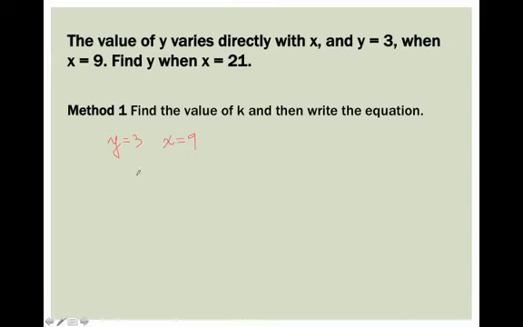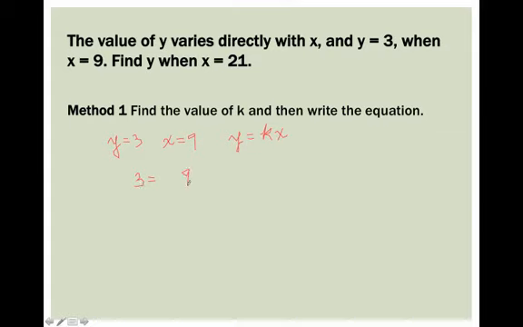I know that y equals 3, so going back, y equals kx, remember, is our equation for direct variation. So I'm just plugging in a value for y and I'm plugging in a value for x to help me determine what k is. So this is the same as y equals kx.